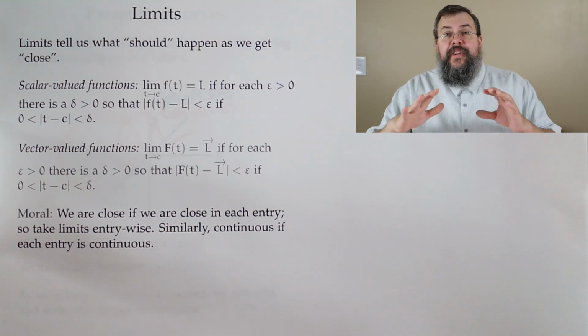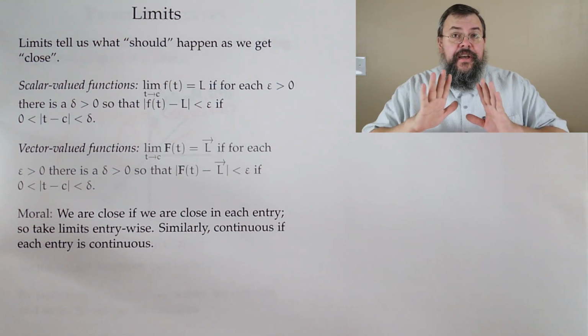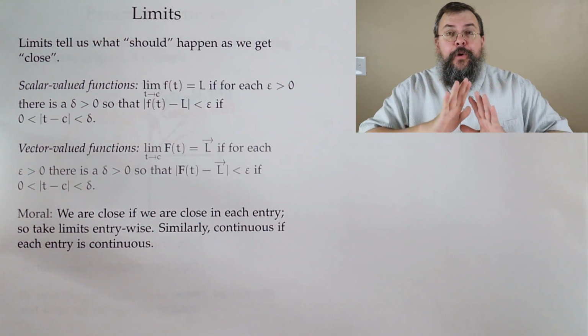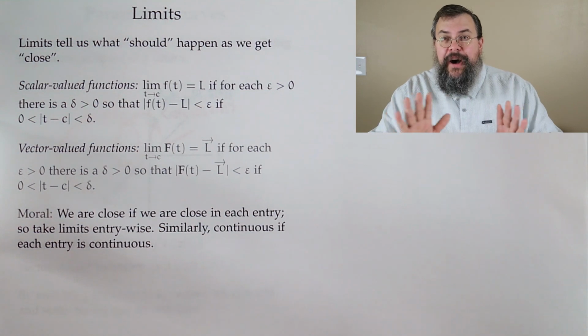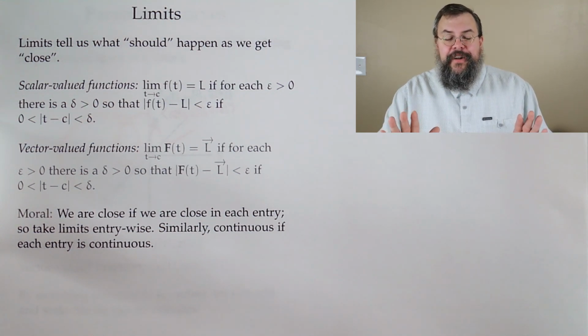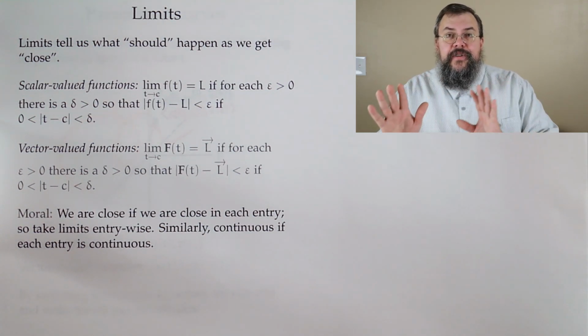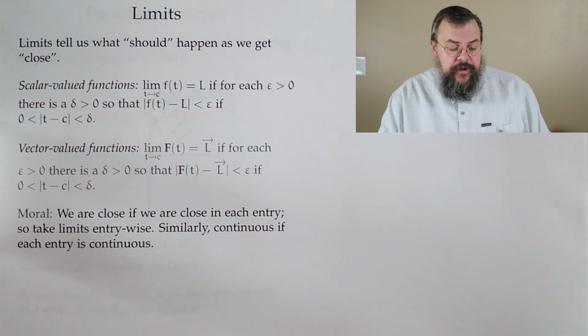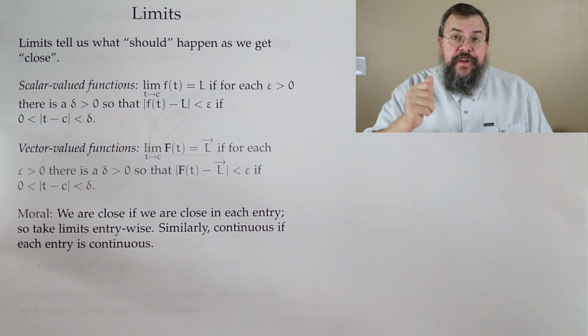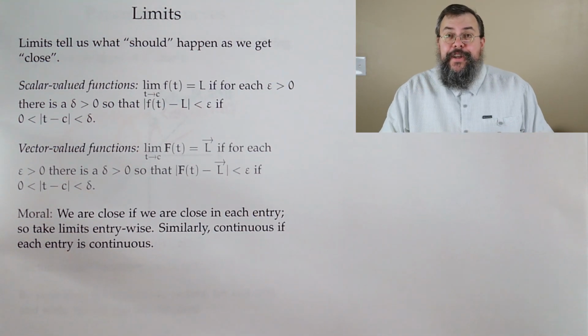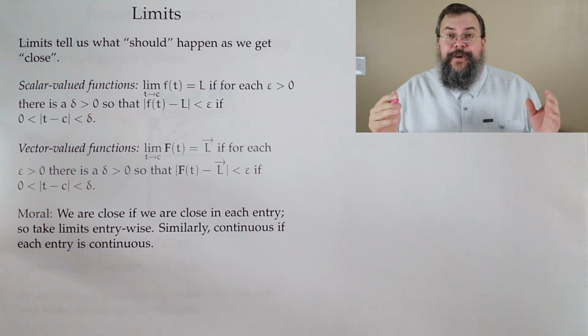So if you go back to the technical definition, and I want to preface this by saying, we're not going to push too hard with the technical definition of limits. This is almost the only time we're going to talk about it. But it's just nice to say, hey, things translate in a good way. So go back to our single variable calculus functions, the limits that we all know and love.